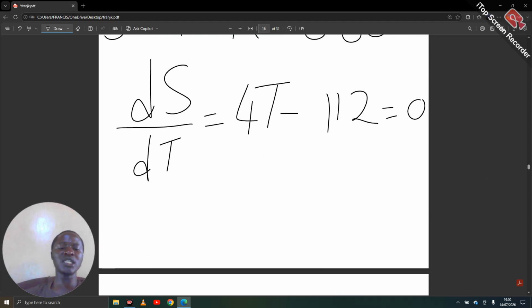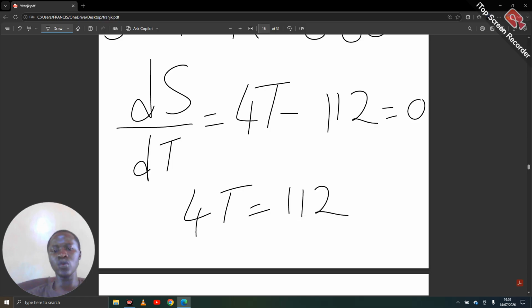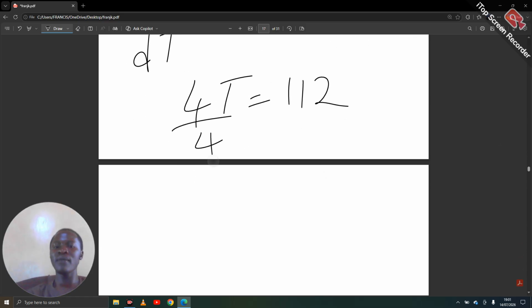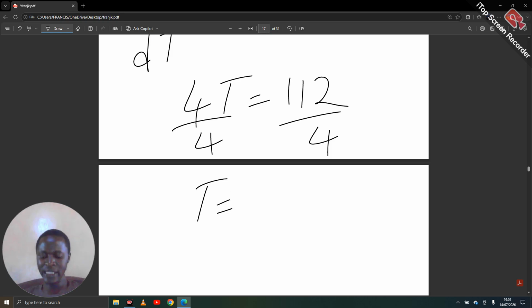That is after differentiating, the coefficient of the t. So we are having now 4t equals 112. What is our t upon dividing by 4? Our t will be 28. 112 divided by 4, yes, 28.